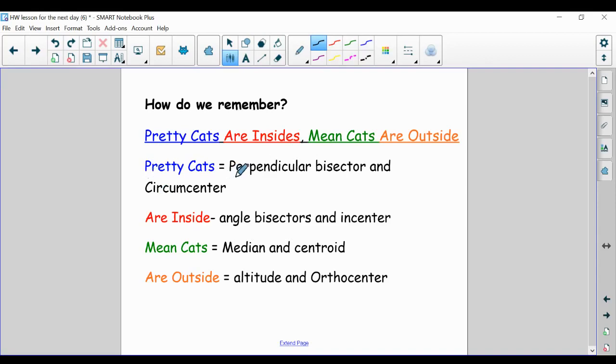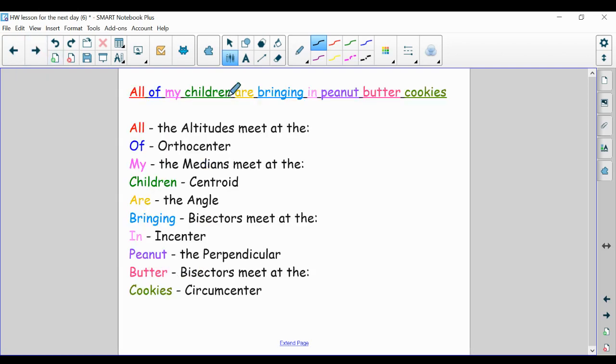So pretty cats means perpendicular bisector and circumcenter, are inside, angle bisector and incenter. Mean cats means median and centroid, are outside, altitude and orthocenter.